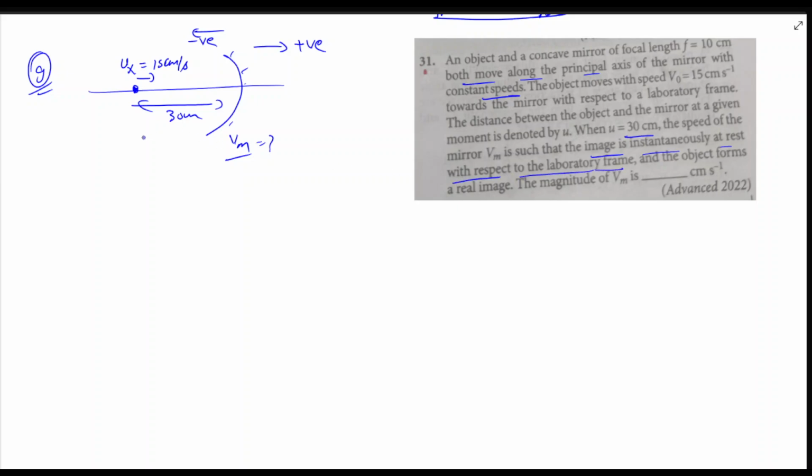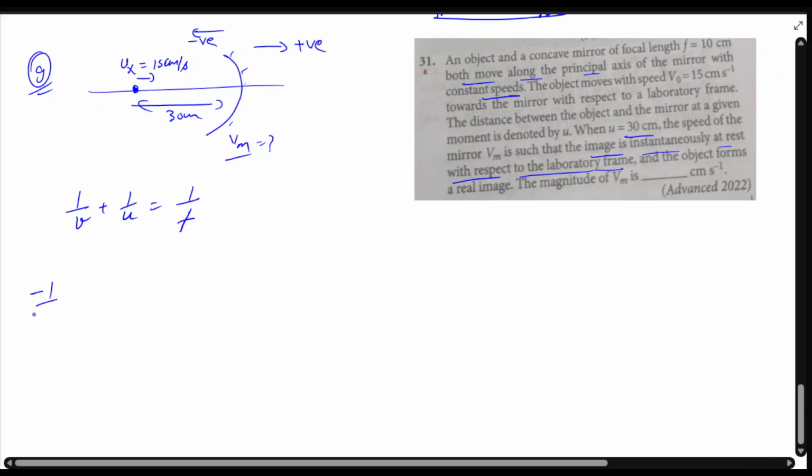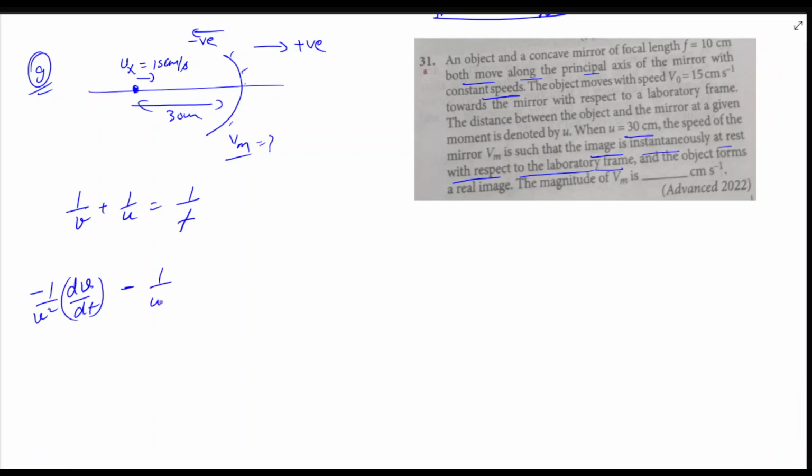Okay, perfect. So let's use the mirror formula. We have 1 by v plus 1 by u equals 1 by f, right? If you differentiate it, we'll get minus 1 by v square dv by dt minus 1 by u square du by dt equals 0.